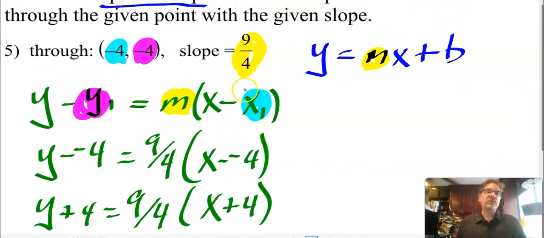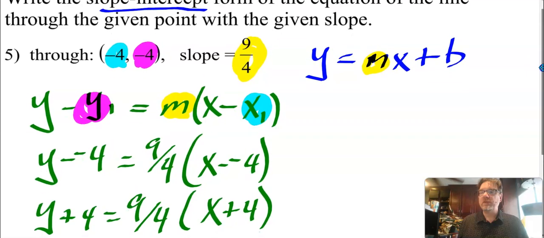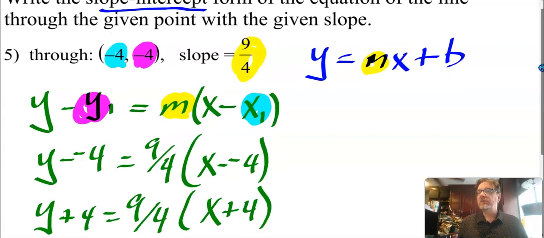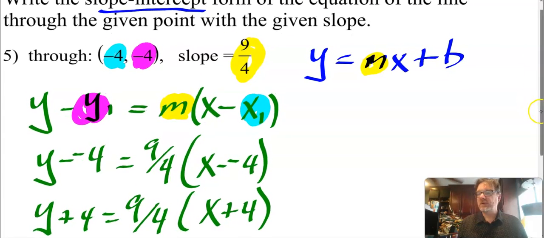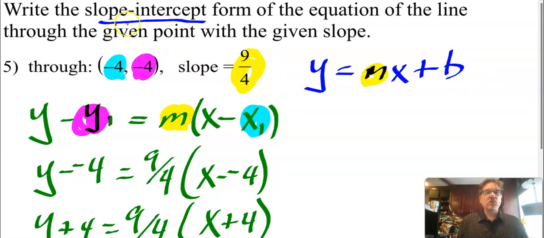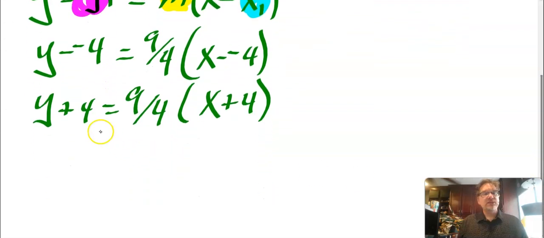Okay, we got a little bit of a problem, though. I moved my recording frame. But the problem for us is we want my answer to look like y equals, and this does not say y equals. So to get this to say y equals, I am going to distribute the 9/4 into the parentheses.